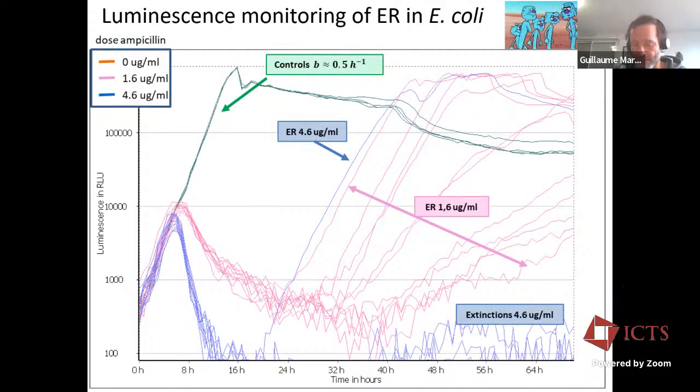And so what we do is, at some time 0, so this is the Lux signal, proportional to the number of live cells, we put an antibiotic at a given dose. These are 3 doses, with the control in green. All this top dynamics is just wiggly things happening when you reach stationary phase in a bacterial culture. The luminescence per cell changes because the metabolic activity shifts, in a very repeatable manner. But we're not interested in this area because we're dealing really with below stationary phase dynamics.